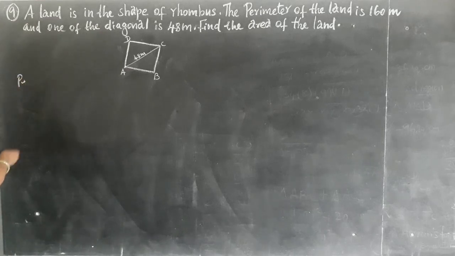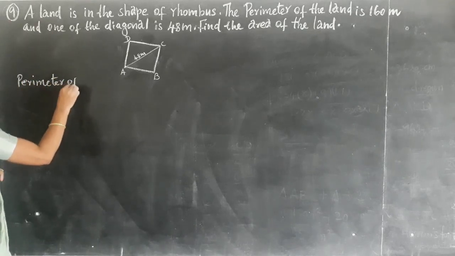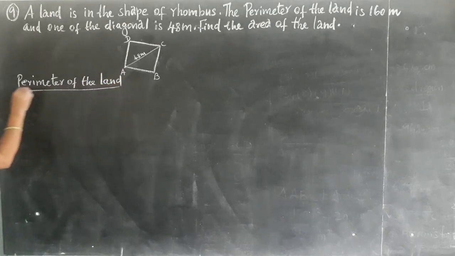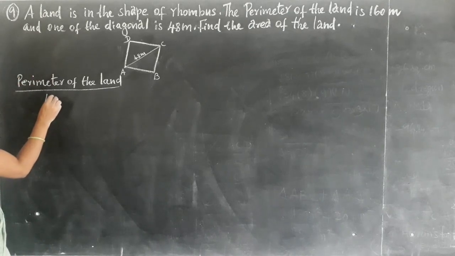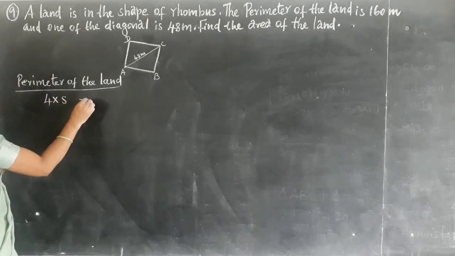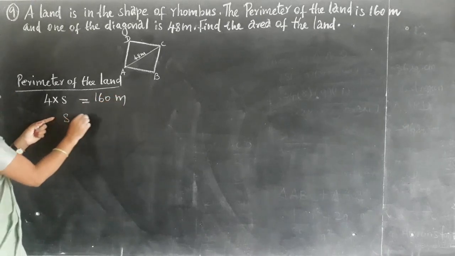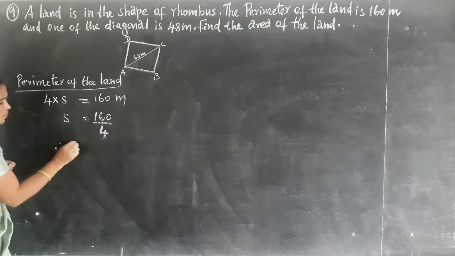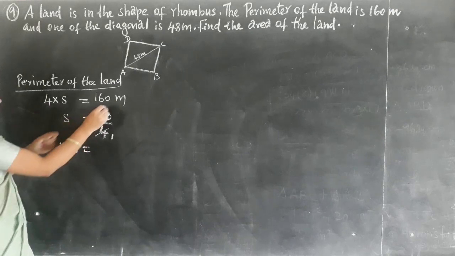Hence, since it is a rhombus, 4 into side is equal to 160 meter. So side is equal to 160 divided by 4. Therefore side is equal to 40.